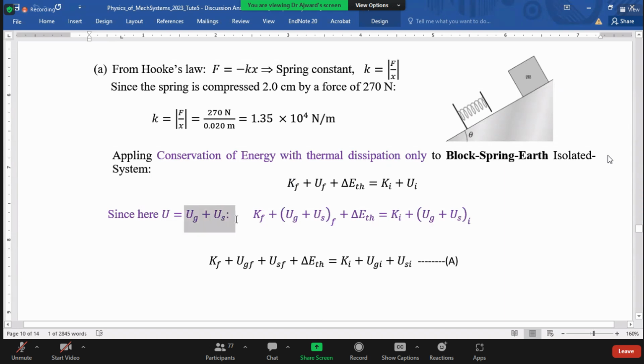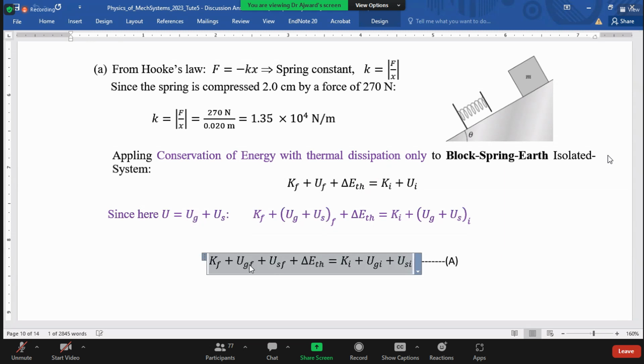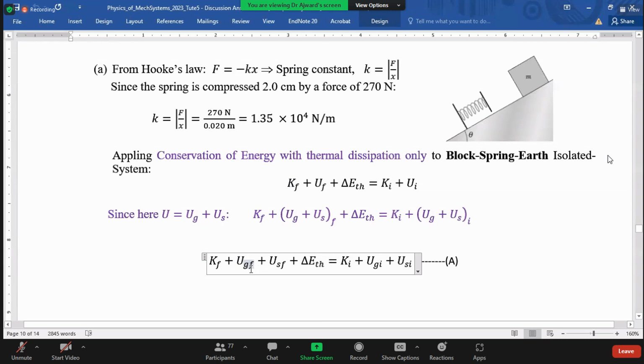So it is the sum of those two. So instead of U, I can write like this, and basically you get a bit long equation. That is, the potential term splits into two, the gravitational part and the spring or the elastic potential. Any questions there?